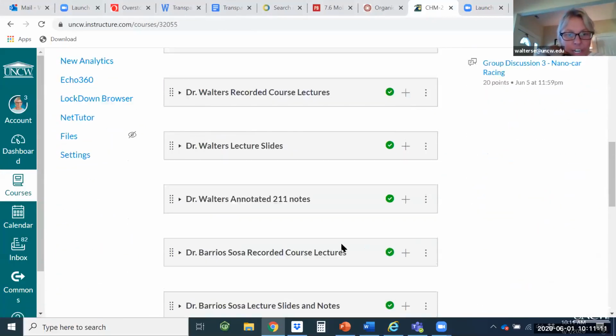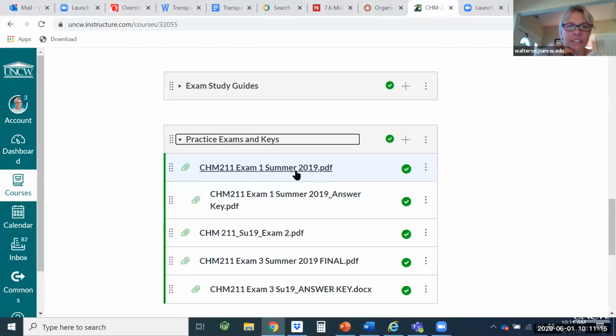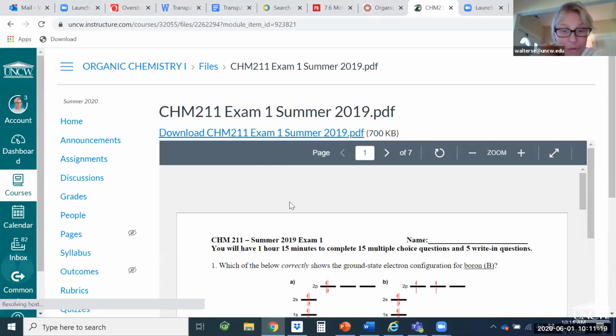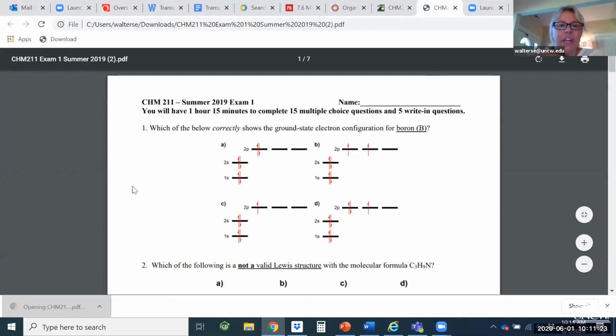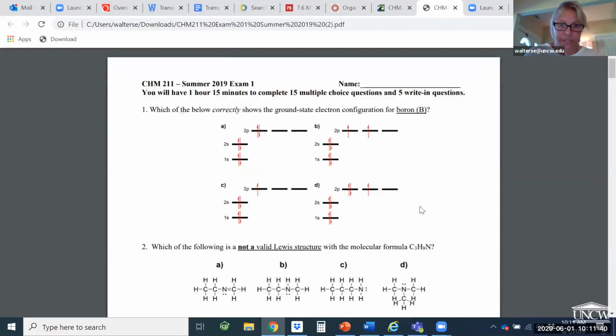So down here in practice exams and keys, this was from last summer, and we were in person. But if you look at it, the first question is about boron, but it's asking, do you understand ground state electron configurations? Do you understand electron configurations of atoms? If you can say yes, then you're good on this question. If you don't, then you should review it.